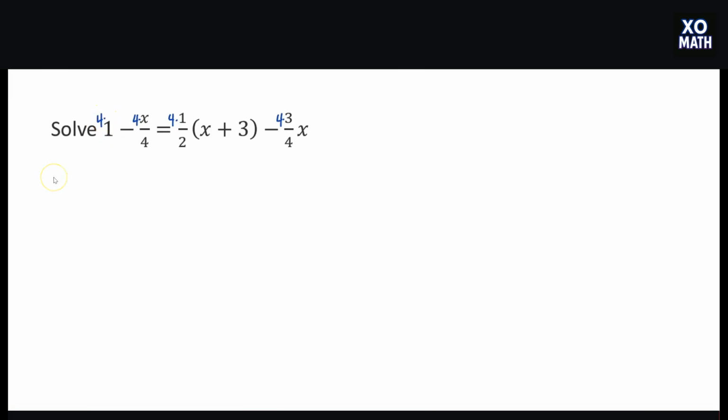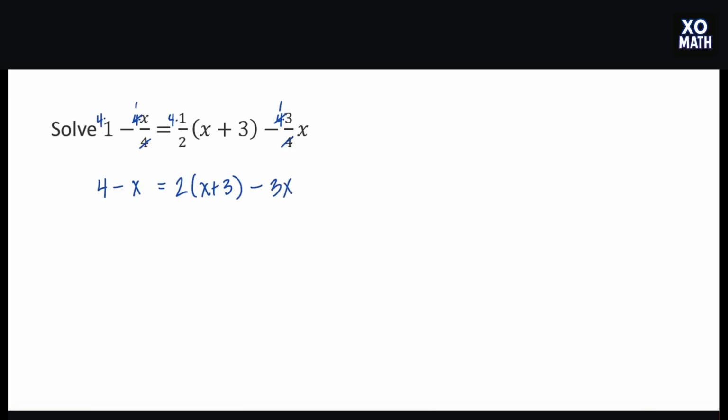So 4 times 1, that's 4. Here, 4 divided by 4, that's just 1, so we have 4 minus x. Here, 4 divided by 2 is 2, so 2 times the quantity x plus 3. And here, 4 divided by 4 is 1, so we have minus 3x.